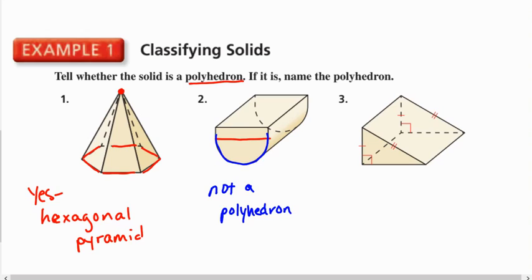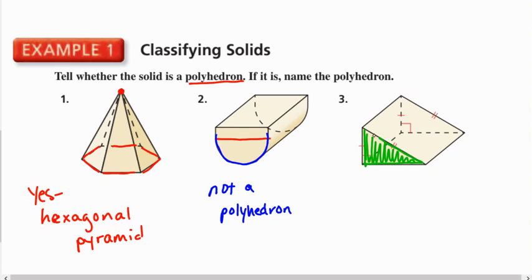In our last example over here, we have a flat face in the shape of a triangle. It's a flat bottom, a flat side, a flat slant right here, and then a flat back to it. Every single edge is perfectly straight.